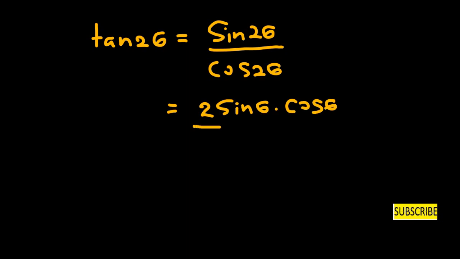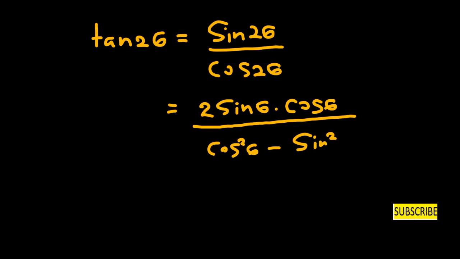Then cos 2 theta can be written as cos square theta minus sine square theta.